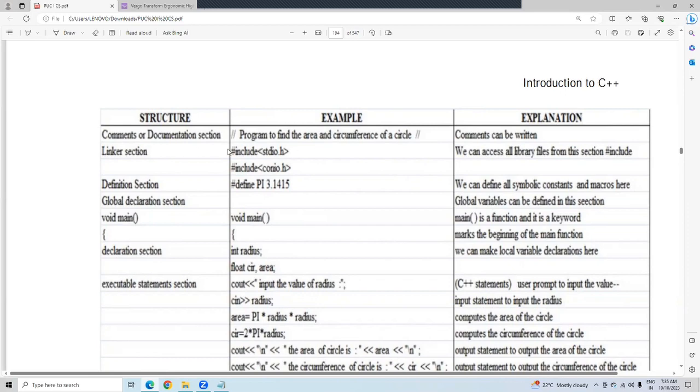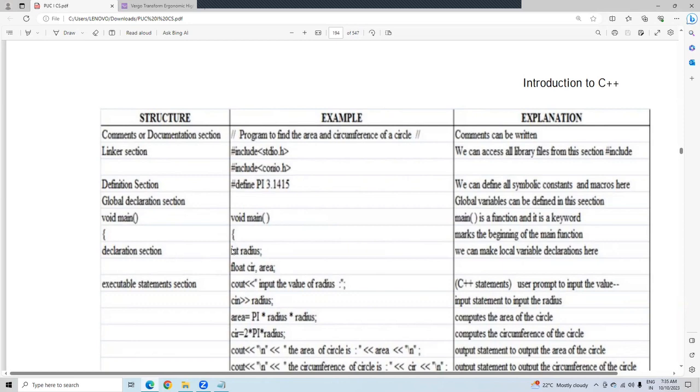Linker section means you will be writing hash include header files, stdio.h, conio.h, like that, and hash define statements. Global variable declaration, we don't have anything here. Void main is there as usual.